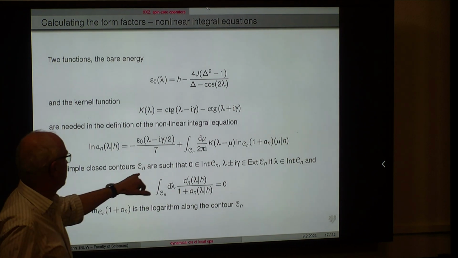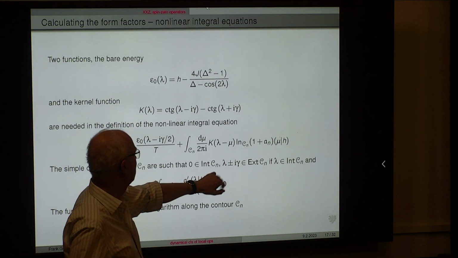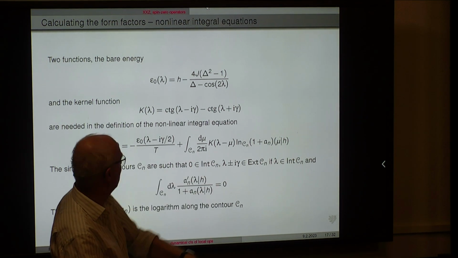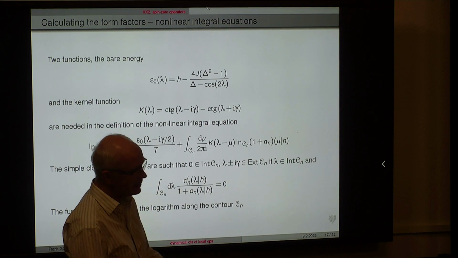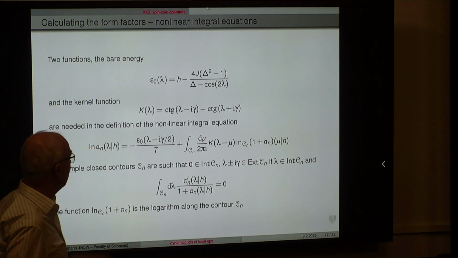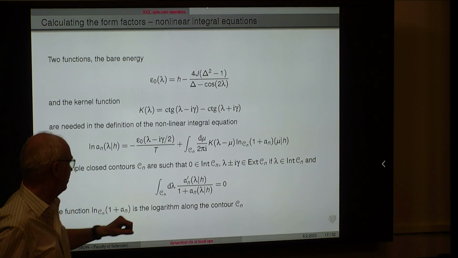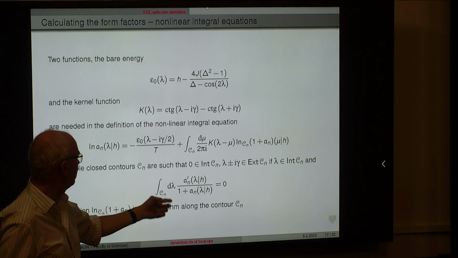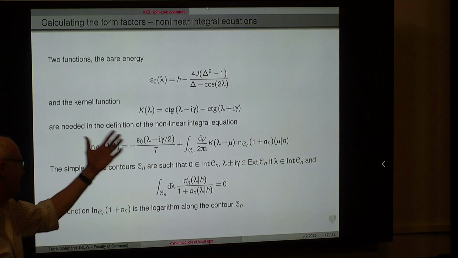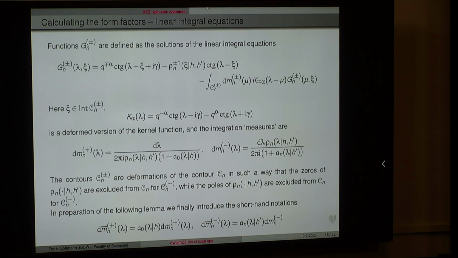And so we choose this integration contour such that 0 is inside, and the contour must be narrow enough so that if lambda is inside, then lambda shifted by plus i gamma must be outside, and we choose a zero monotony contour. And so the collection of these contours parameterizes the excitations. So this is one.